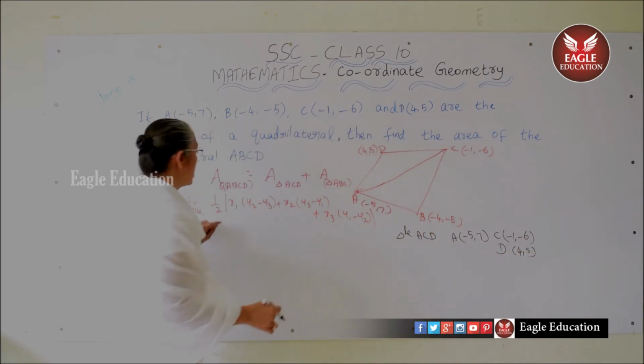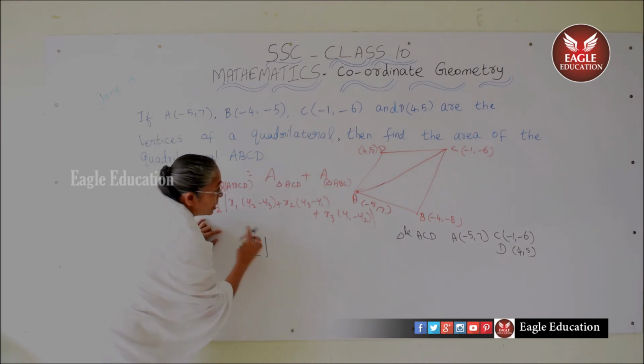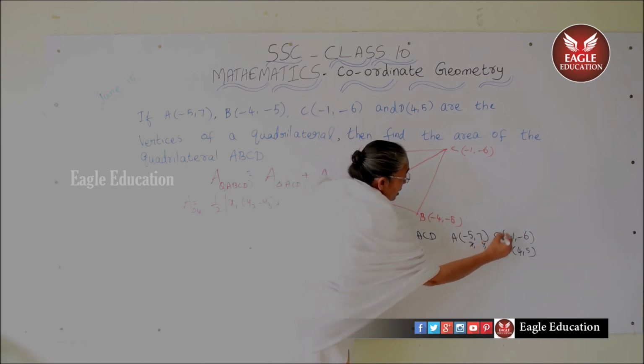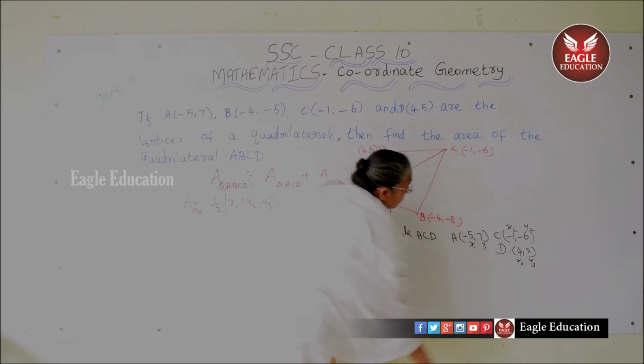Using this formula, let me substitute here: half mod, x1, y1, x2, y2, x3, y3.